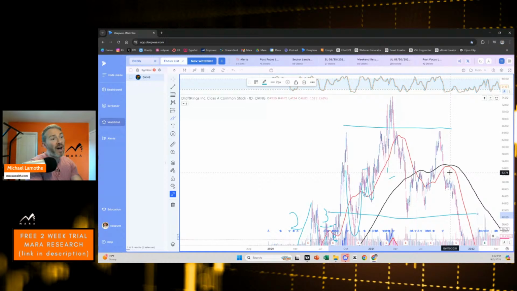And it's really in stage 4 that you want to start thinking about shorting. Not before. If you're somebody that's shorting, you want to wait until you're in stage 4 versus stage 3. And here's why.